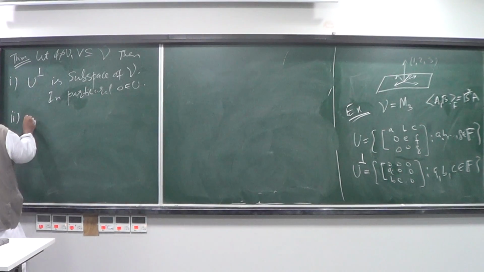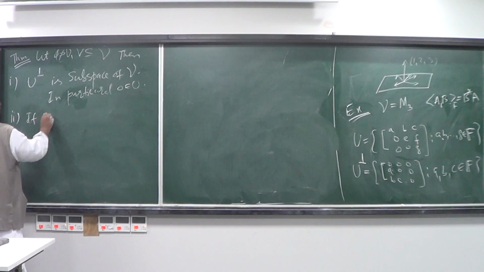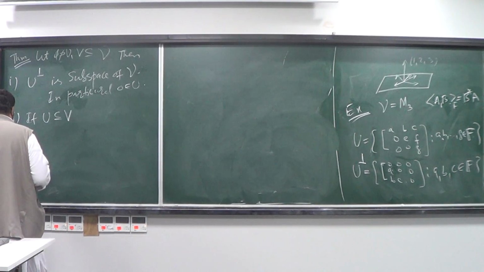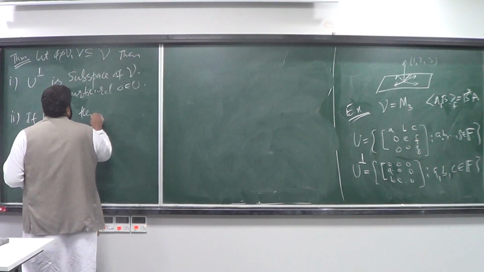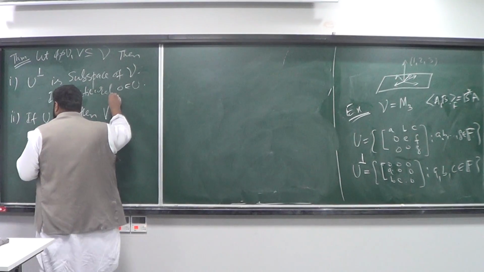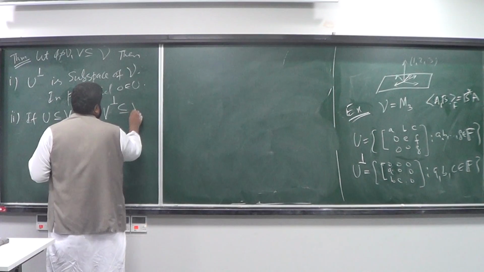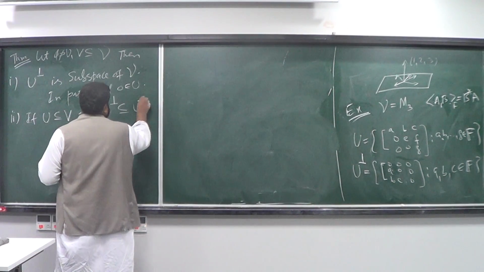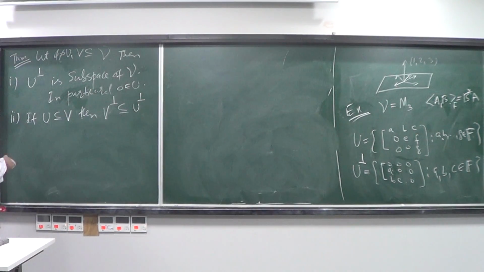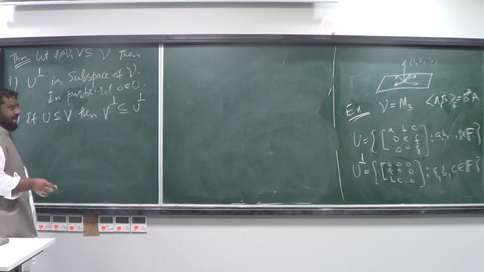Okay. If U is contained in V, so U is a subset of V, then an interesting thing: the orthogonal perp of V would be contained in the orthogonal perp of U actually. And this is very much intuitive.